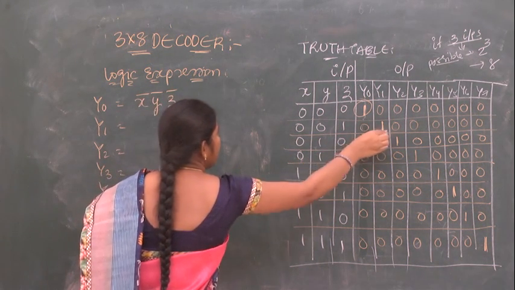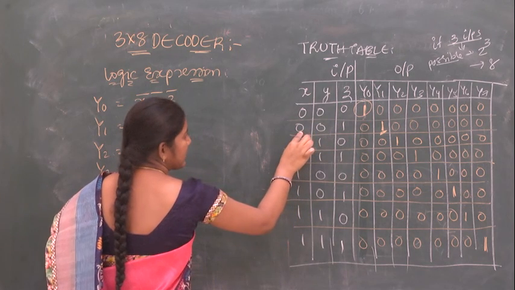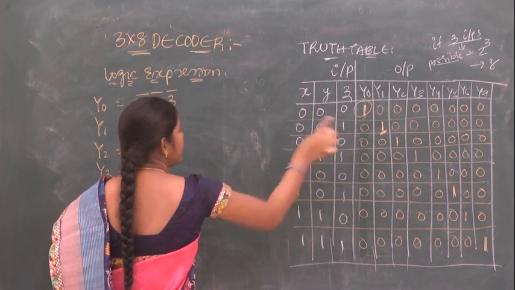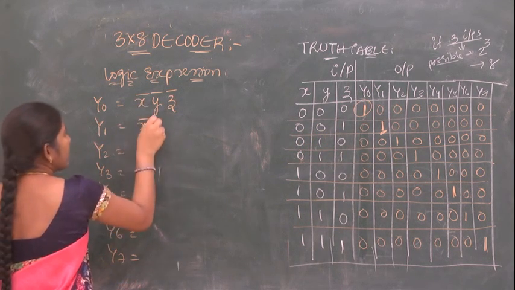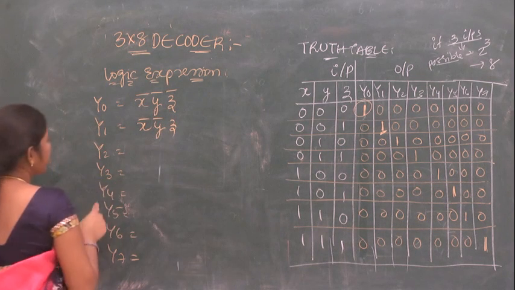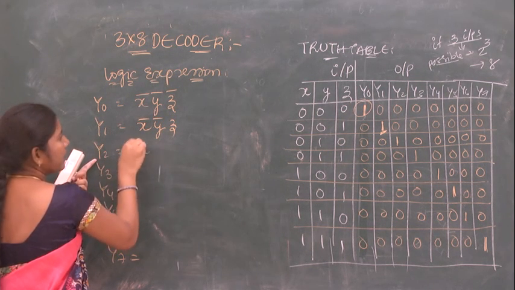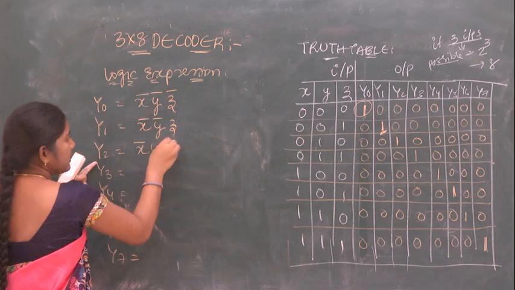To get Y1 as high, X is complemented, Y complemented and Z is in uncomplemented form, so X bar, Y bar, Z. For Y2 it is X bar, Y, Z bar.